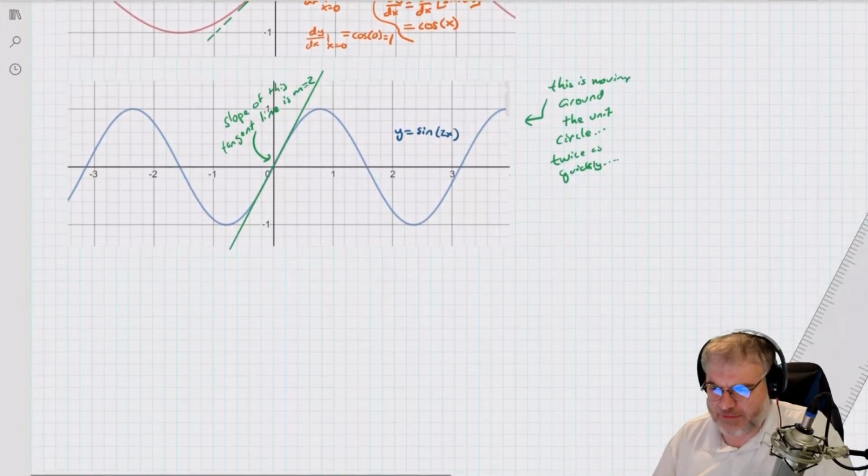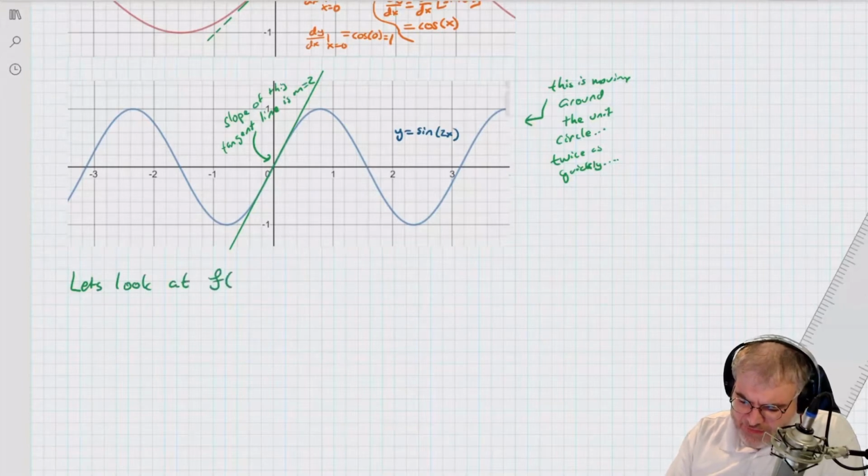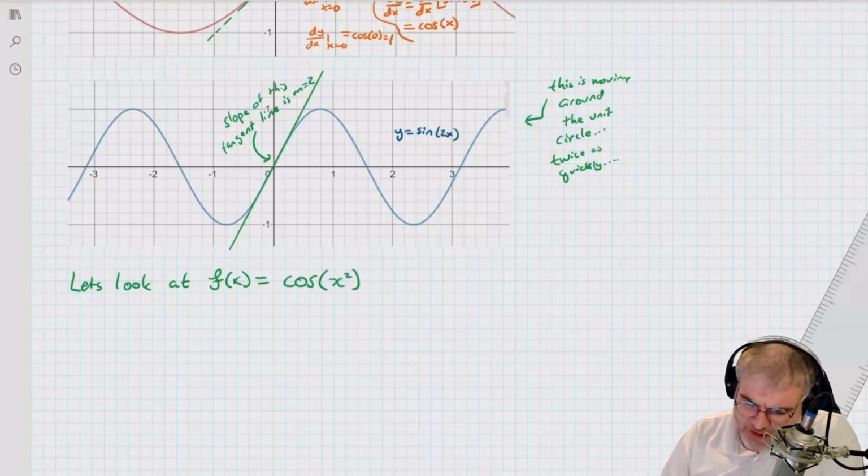Let's look at a different problem. Let's look at f of x equals cosine of x squared. What is the journey of x?